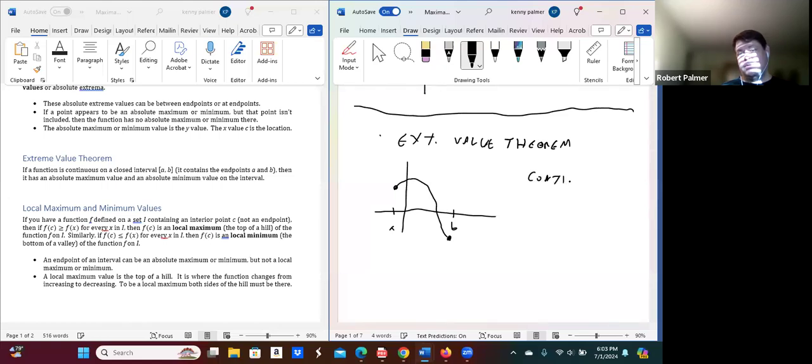So continuous, just restating it, on what's called a closed interval, basically guarantees an absolute maximum and minimum.